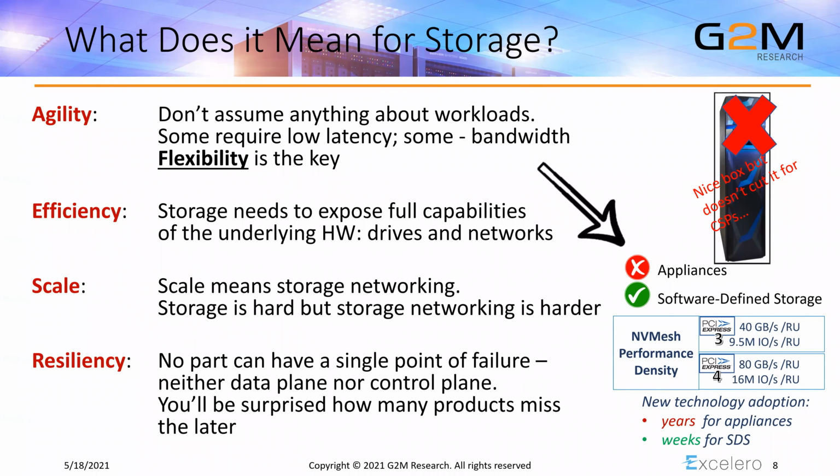And this actually brings us to the combination of these two properties, which means that storage appliances with their long hardware cycles and siloed deployments just don't allow CSPs to run an efficient operation. For example, as you can see here on the right-hand side, it took us several weeks to optimize our software to PCIe Gen 4 and extract full performance of the underlying drives and networking.